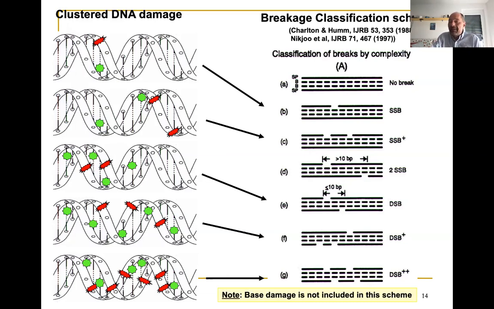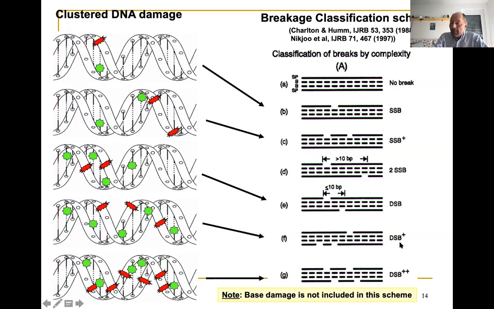Then, if it is more than 10 or 20 base pairs, you call these two single-strand breaks. Because if the two strand breaks are too far away, the cell will treat them as separated damage, not as one damage, but as two separated damage. But of course, if they are close enough, in this case 10 base pairs, you will call this a double strand break, like in this case.